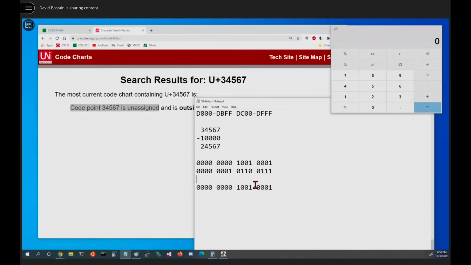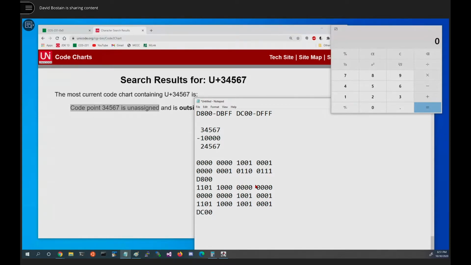That thing needs to be added to D800, which is in hex. So what's D800 in binary? We can add that up. It's 1101, 1000, 1001, 0001. We just added that up.